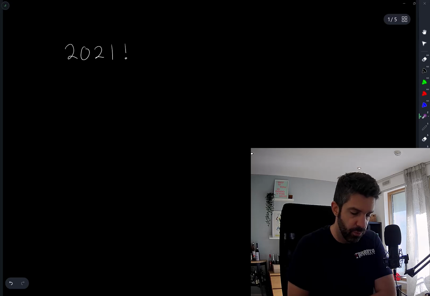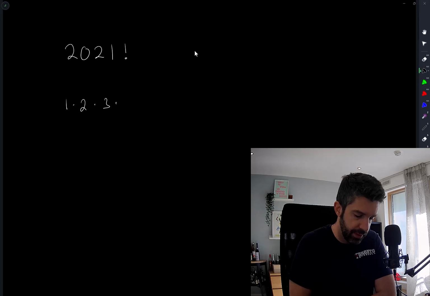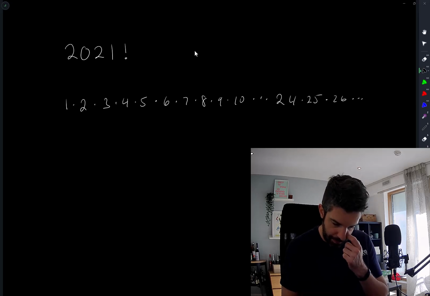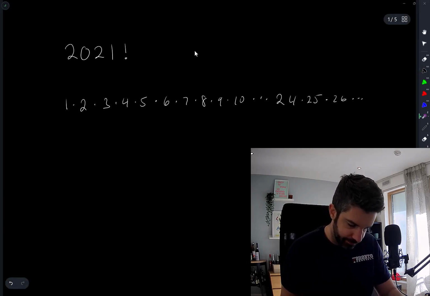So essentially what we need to do here is, as we multiply the numbers 1 times 2 times 3 times 4 times 5, I'll write it up to 10, and then dot, dot, dot, times 24, times 25, times 26, dot, dot, dot, and so on, we want to pick out the multiples of 5.